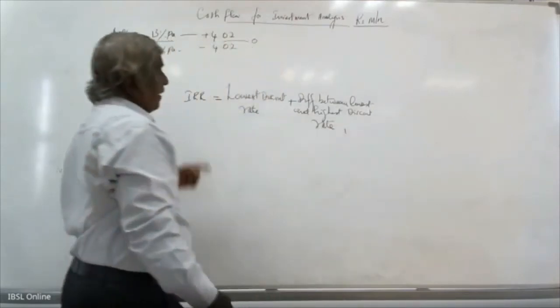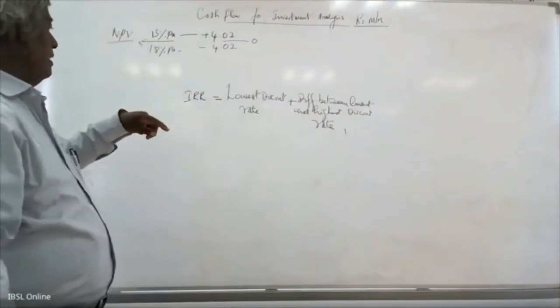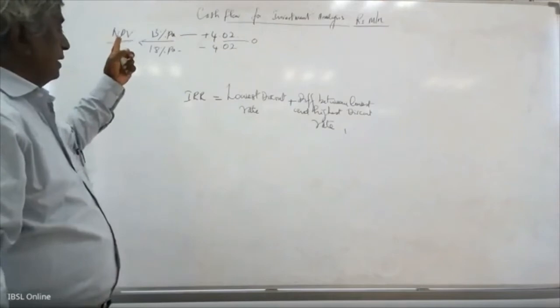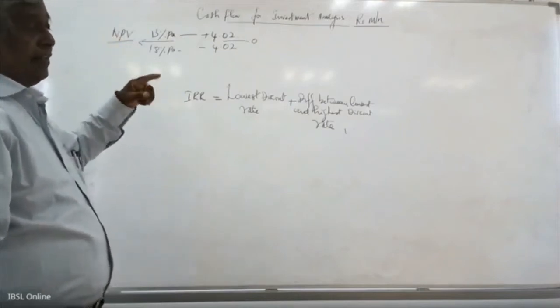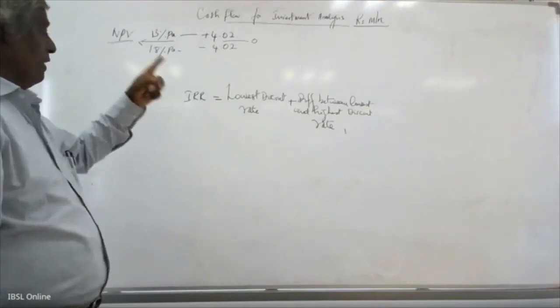In this example, we have done the calculation at 2 discount rates. One is 13, another one is 18. The lowest discount rate is 13, and the highest discount rate is 18. The difference between the 2 discount rates, the lowest and the highest, is 5 in this example.